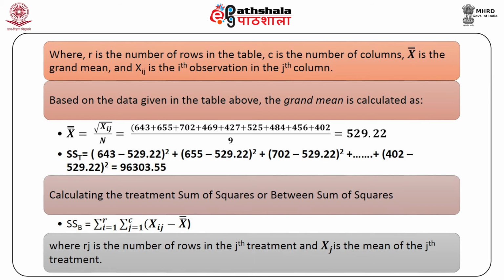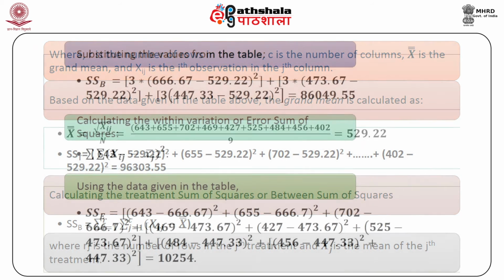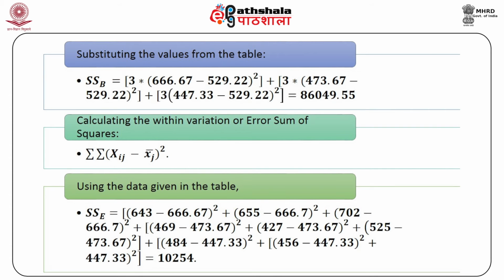Based on the data given in the table above, the grand mean is calculated, the sum of squares for the total is calculated, and we calculate the treatment sum of squares using the formula, or the between sum of squares, that is variation in the data between different samples, where Rj is the number of rows in the jth treatment and x bar j is the mean of the jth treatment. Based on the data given in the table, the SSB or sum of squares between is also calculated.